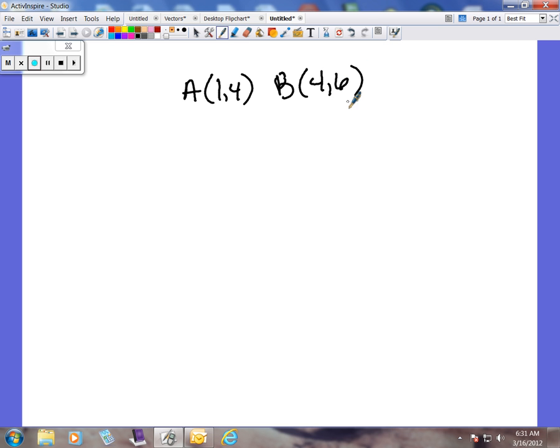4, 6. So we're given this vector, AB, that begins at 1, 4, and is traveling towards and through 4, 6. This is an object moving at a constant velocity through these points. It's starting at A and moving at a constant velocity.